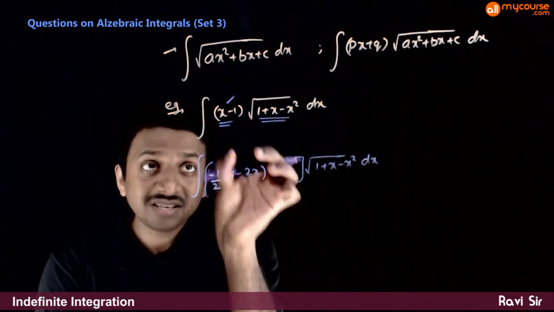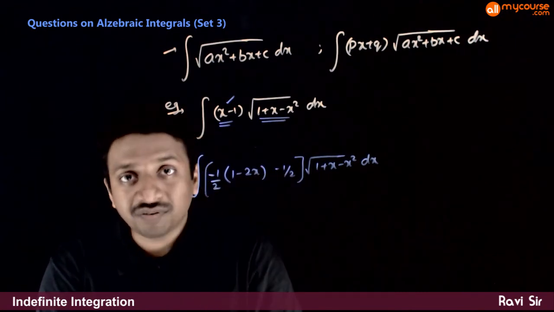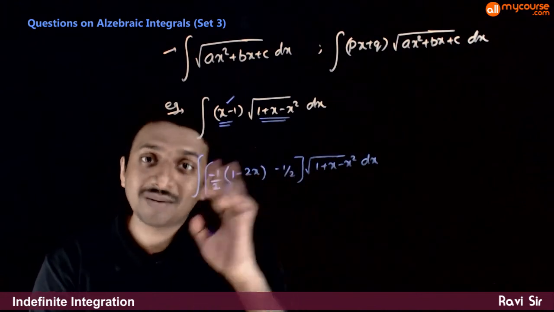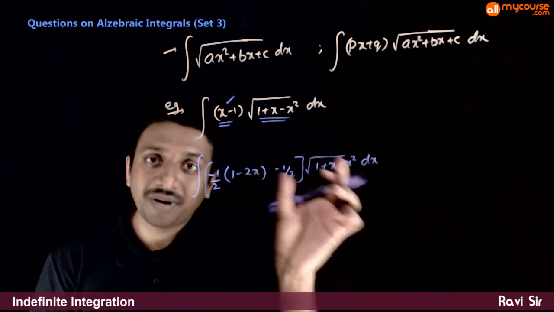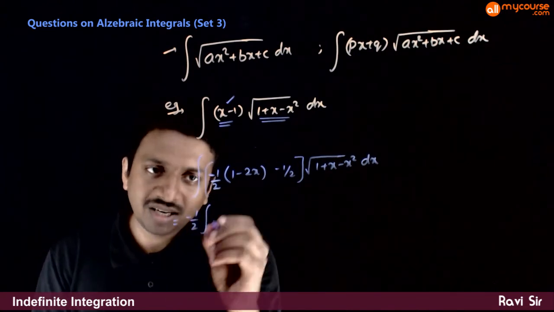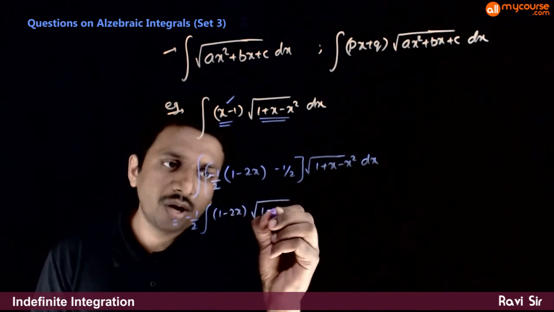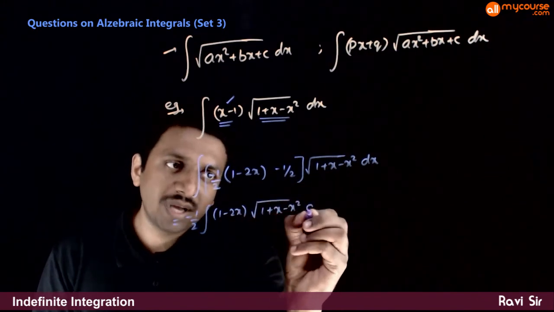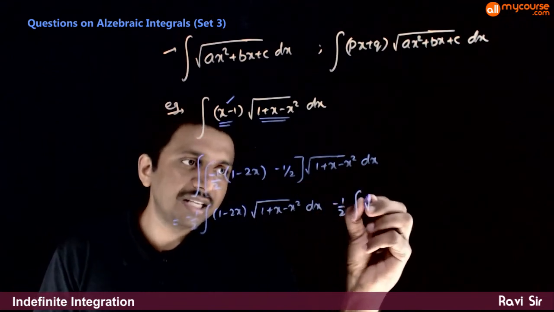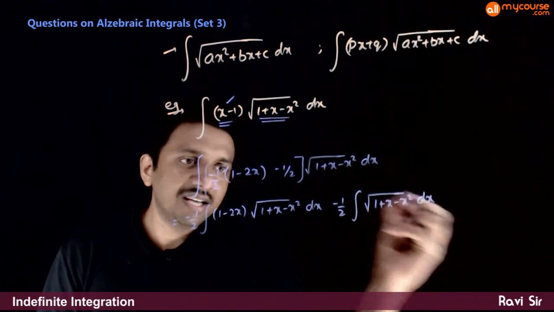So I have expressed the linear term as some alpha times d by dx of the quadratic plus some other constant. Now I'll separate these two. That is equal to minus half times integration of (1 minus 2x) times root of 1 plus x minus x square dx, minus a half times integration of root of 1 plus x minus x square dx.